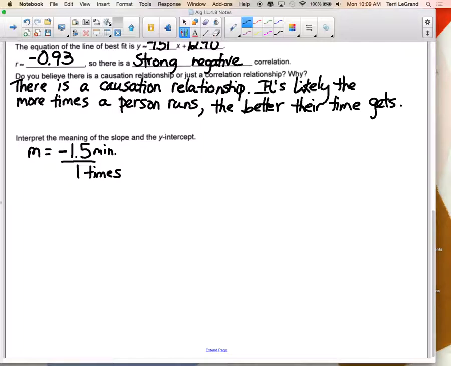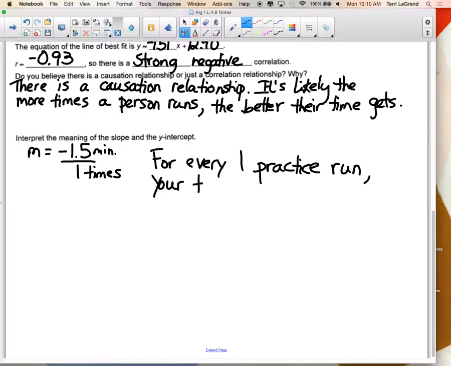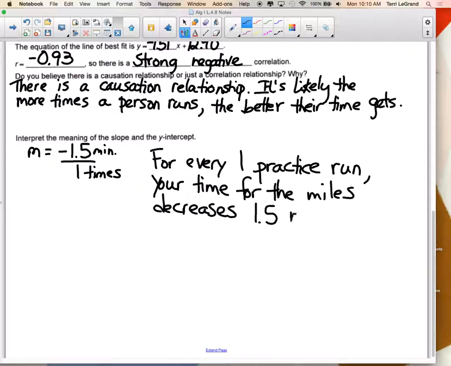That for every one time you run, let's be specific like that, for every one practice run, what happens? Your time goes down by a minute and a half. Your time for the mile, right? Isn't that what we're running? Decreases how much? 1.5 minutes.